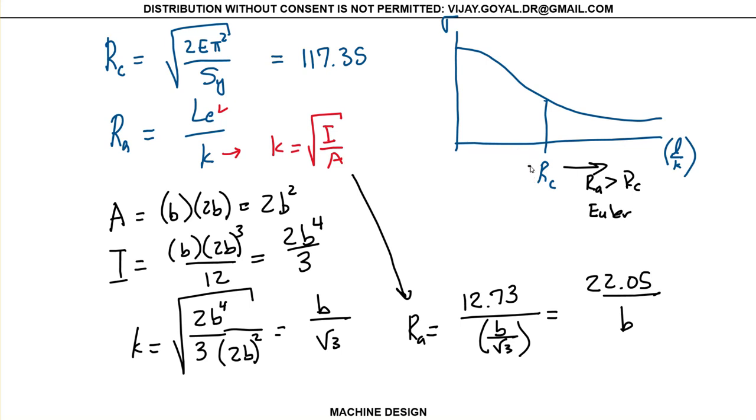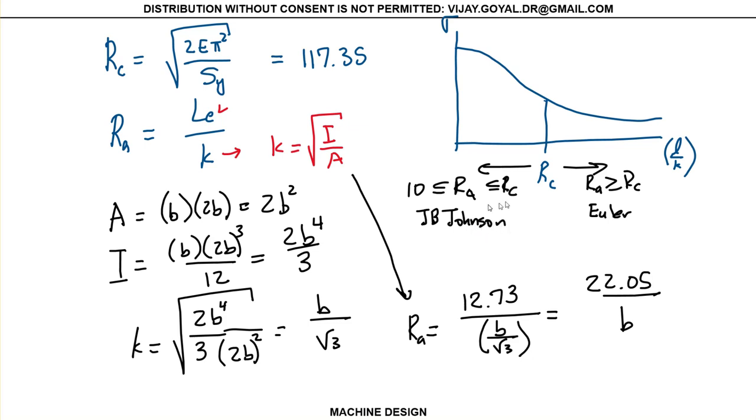If I'm working on this side, where your RA is less than or equal to RC, but bigger or equal than 10, then I'm going to use the J.B. Johnson equation.